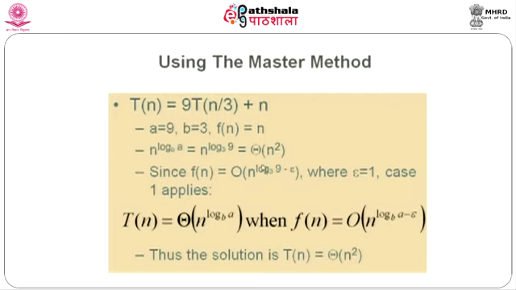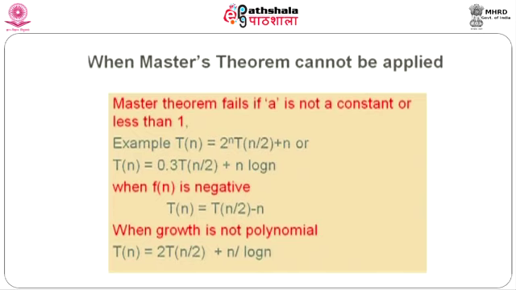Therefore, we can come to a conclusion that this belongs to type 1. Therefore, we can substitute this as theta of n power log b a. When we put everything together, the complexity analysis is T of n is going to be theta of n squared. Fine. So, Master's theorem is fantastic.